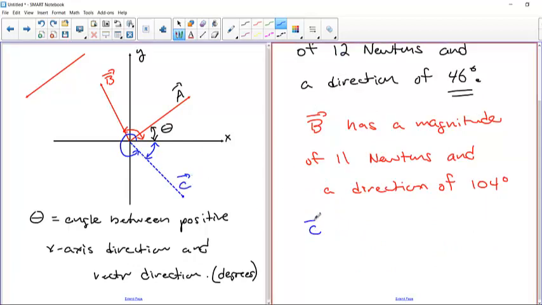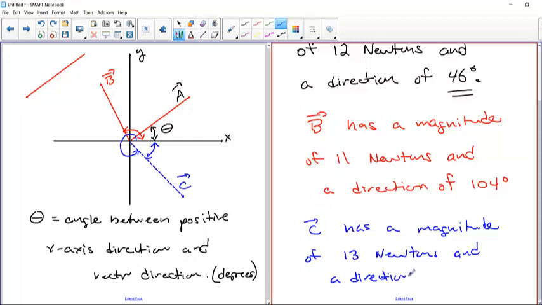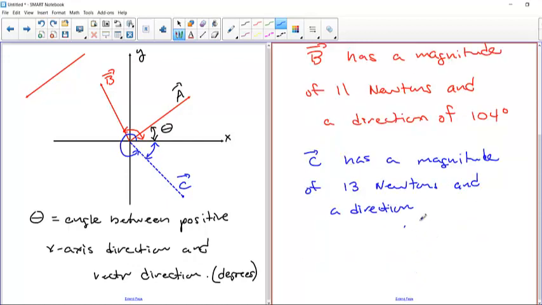So vector C, this looks a little longer, so I'm going to say has a magnitude of 13 newtons and a direction, looks like, I'm going to say negative 50, so it could be two directions.